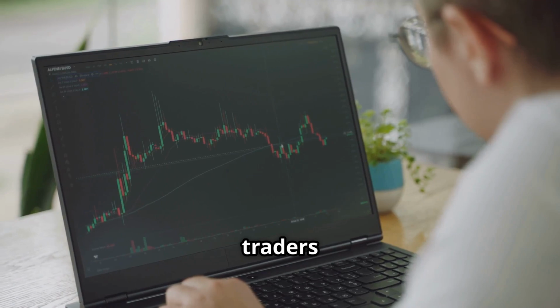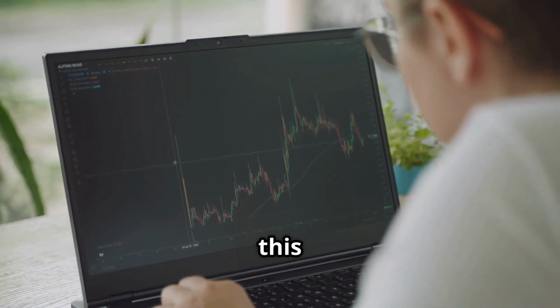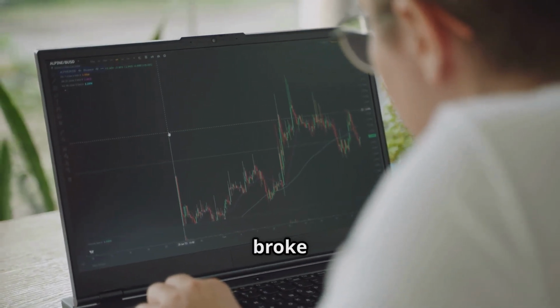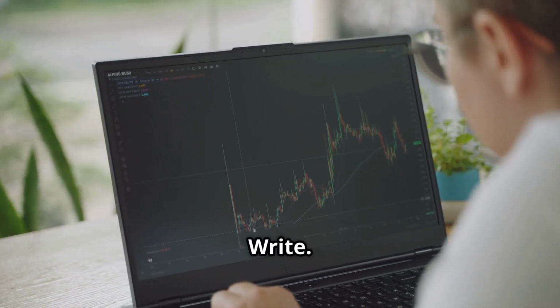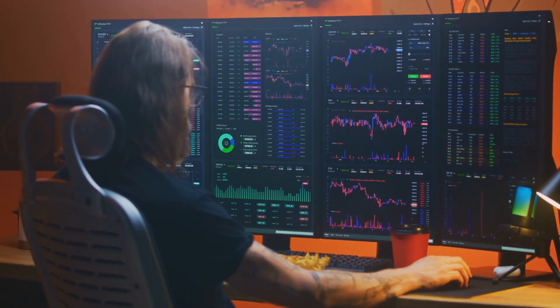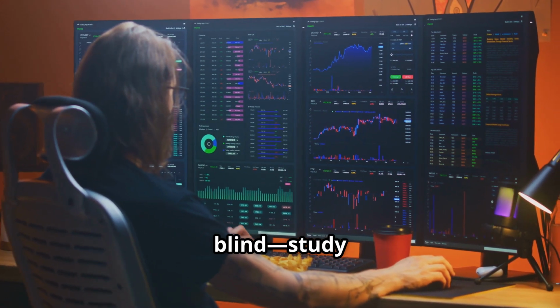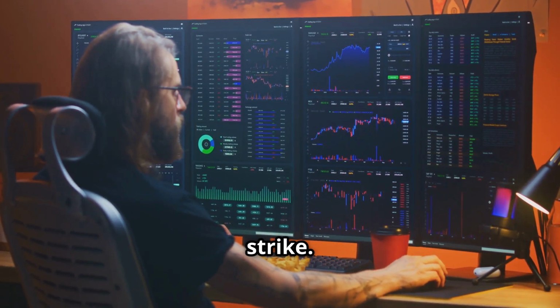Smart traders scan past charts for historical bloodbaths. They do this because where price broke down before, it could break again. Write that down. Don't trade blind. Study the past and arm yourself for the next strike.